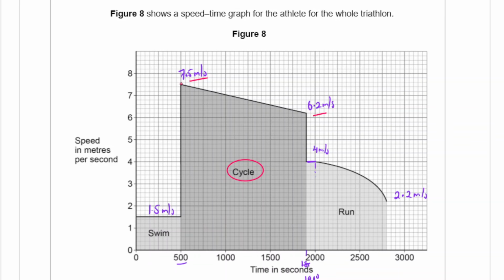I can work out the average speed, and use the time that is given here. Since speed equals distance divided by the time, I could rearrange the equation: distance equals speed multiplied by the time. I can use this equation to work out the distance. So let's do that.